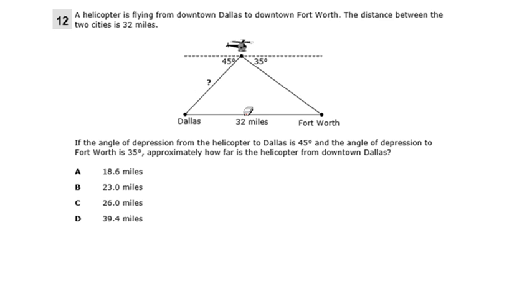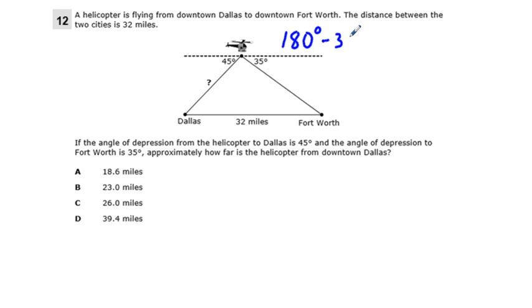We have a side down here, 32 miles apart from the cities, but we don't have the angle opposite that 32 miles. We can find it because of the principle of supplementary angles, which is that all angles, when added up, will be equal to 180 degrees.